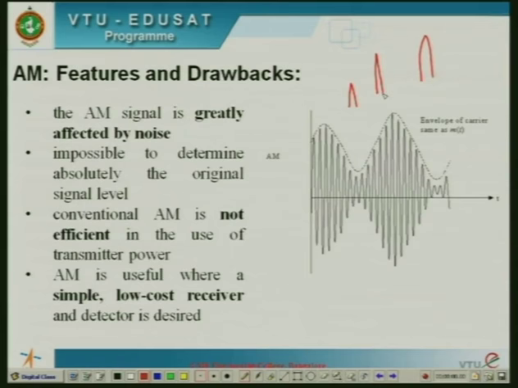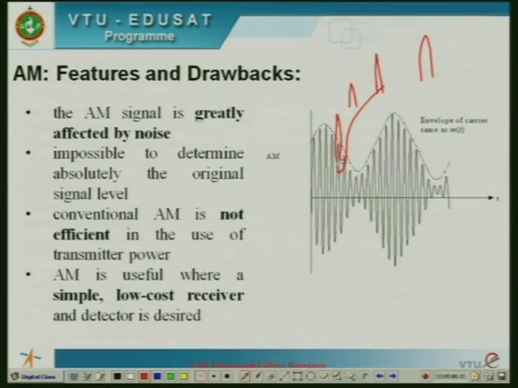These are all the noise available in the channel. If this noise frequency matches with the carrier frequency, it will have an additive role. That means this noise will get added to the carrier signal, and instead of having this peak, your peak will be increased by this factor.